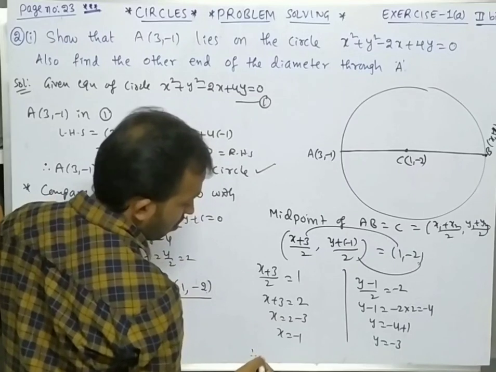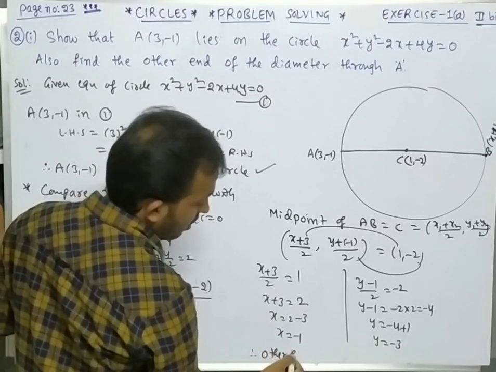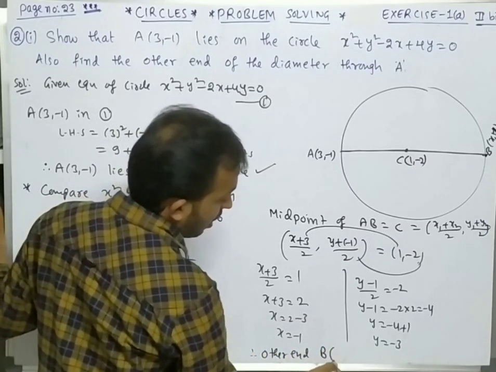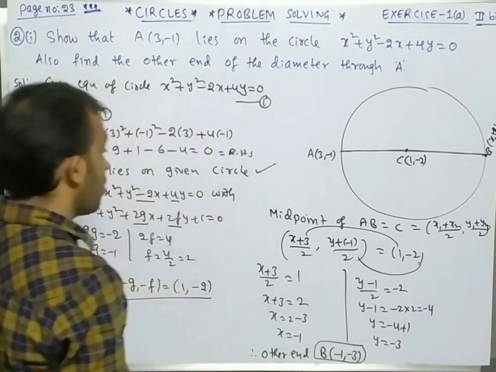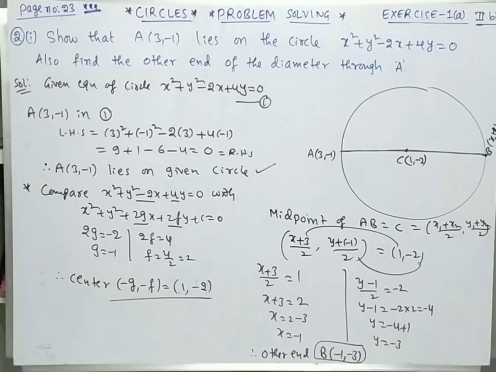Therefore the other end B is (-1, -3). Like this we can solve this problem. So read the problem carefully, understand the concept and draw the related figure, then we can solve.